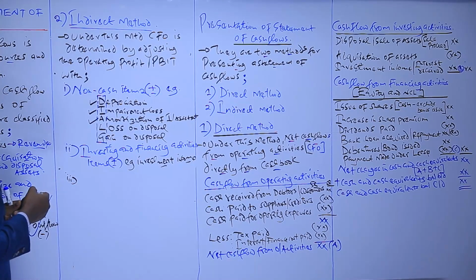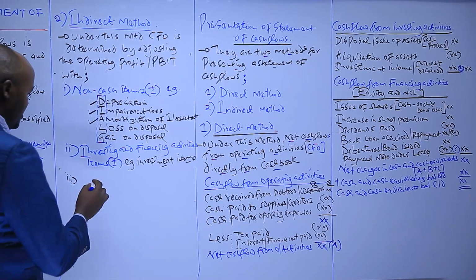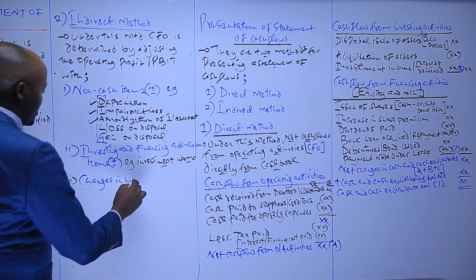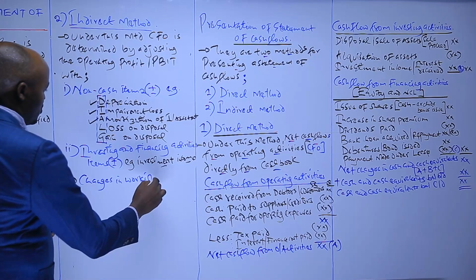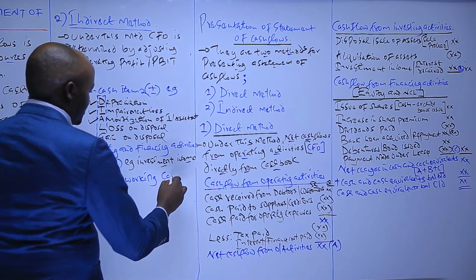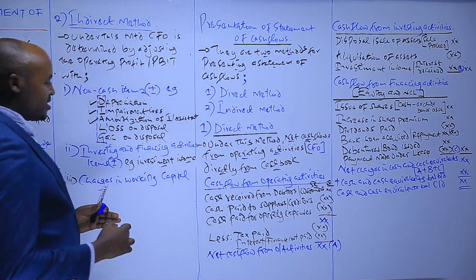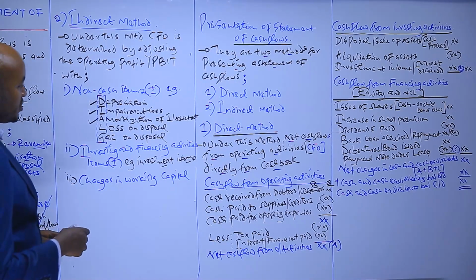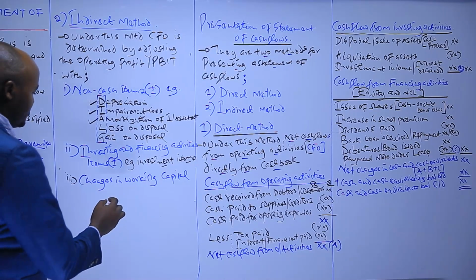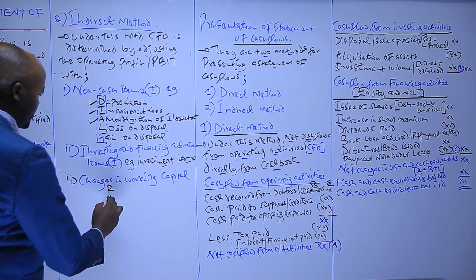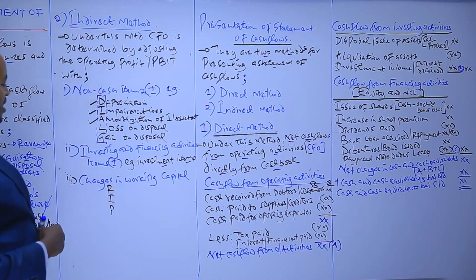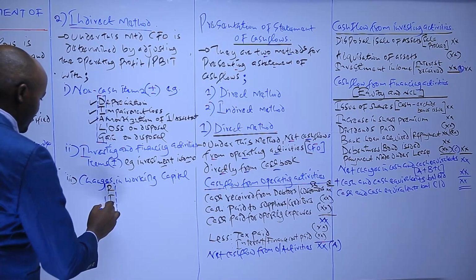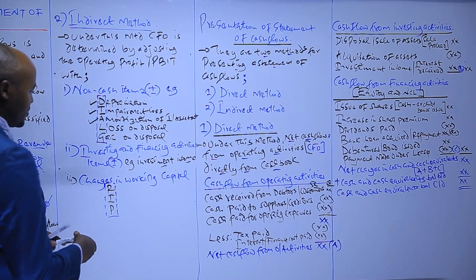And number three, we also adjust that profit with the changes in working capital. And in this case, when we talk about working capital, basically it is the difference between current assets and current liabilities. So here we consider three items of working capital, and actually we also use this acronym RIP. RIP is the acronym which you can use to remember the items of working capital which you consider here.